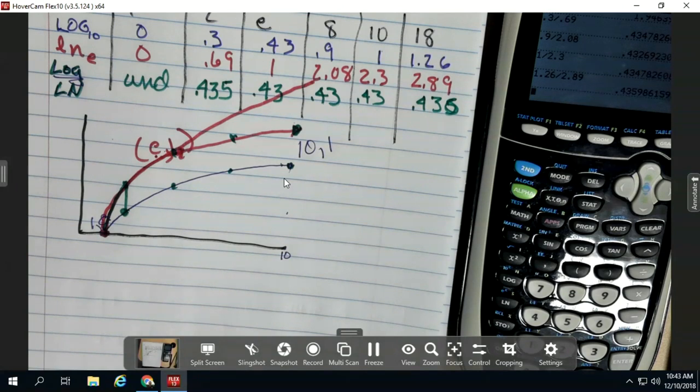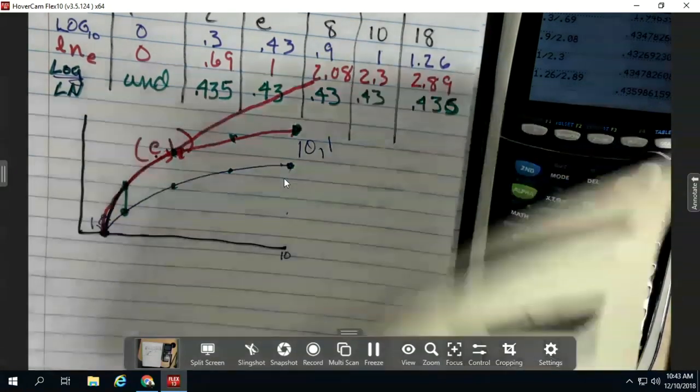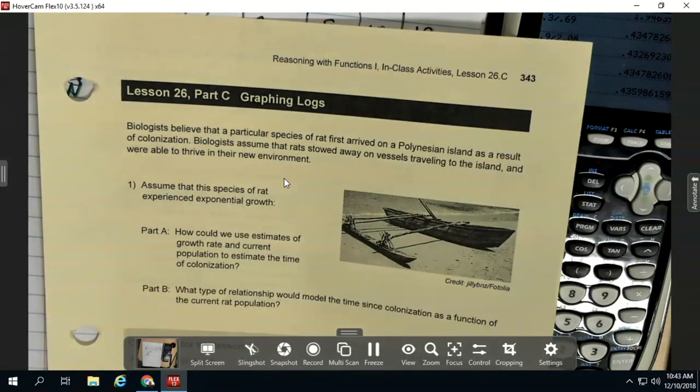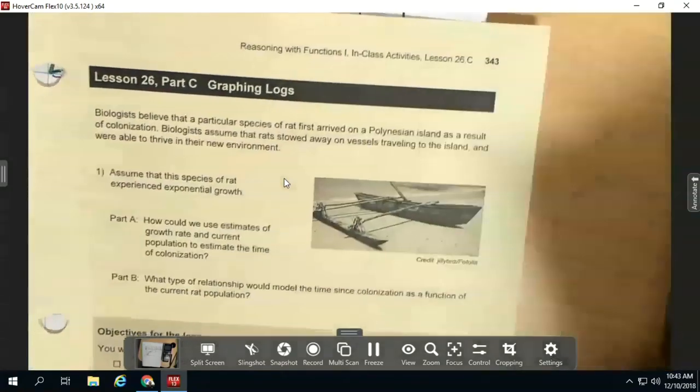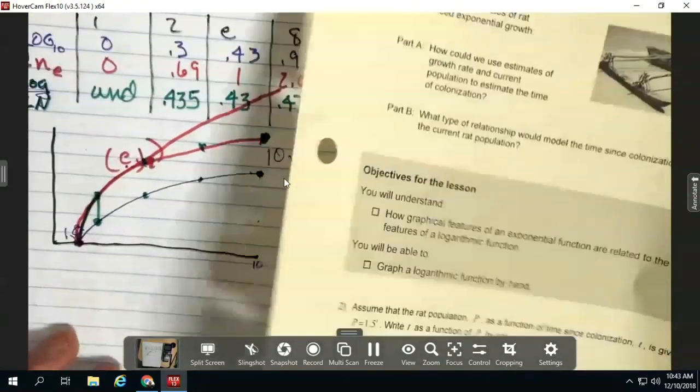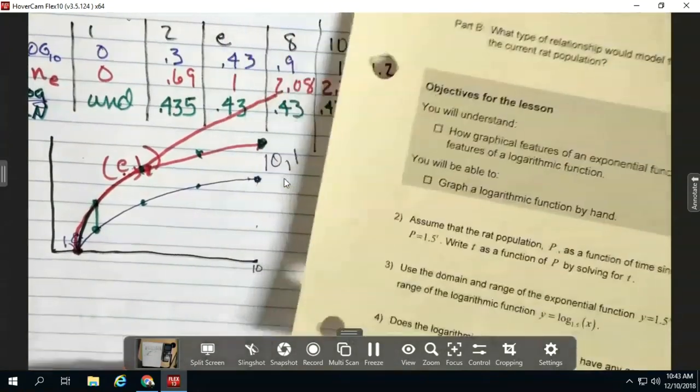Page 343. Biologists determine that a particular species of rat first arrived on a Polynesian island as a result of colonization. Biologists assume that the rats stowed away on the vessel traveling to the island and were able to thrive in their new environment.